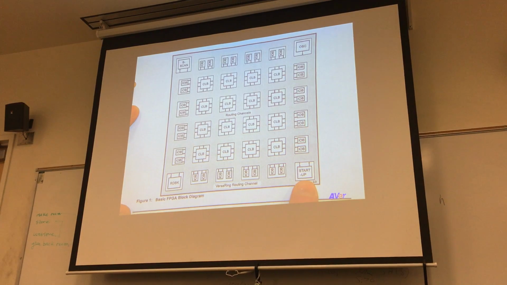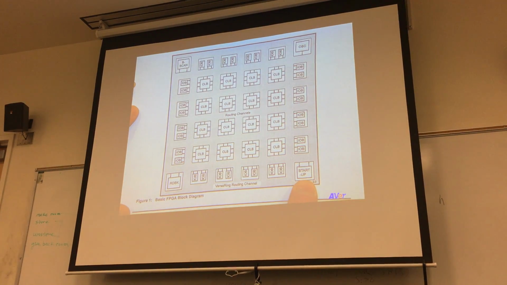There is a startup circuit block that will generate a pulse when you apply power so you can initialize the device. And then this block is a readback block so that you can read back the information that you use to program the device, that bit file that you download.